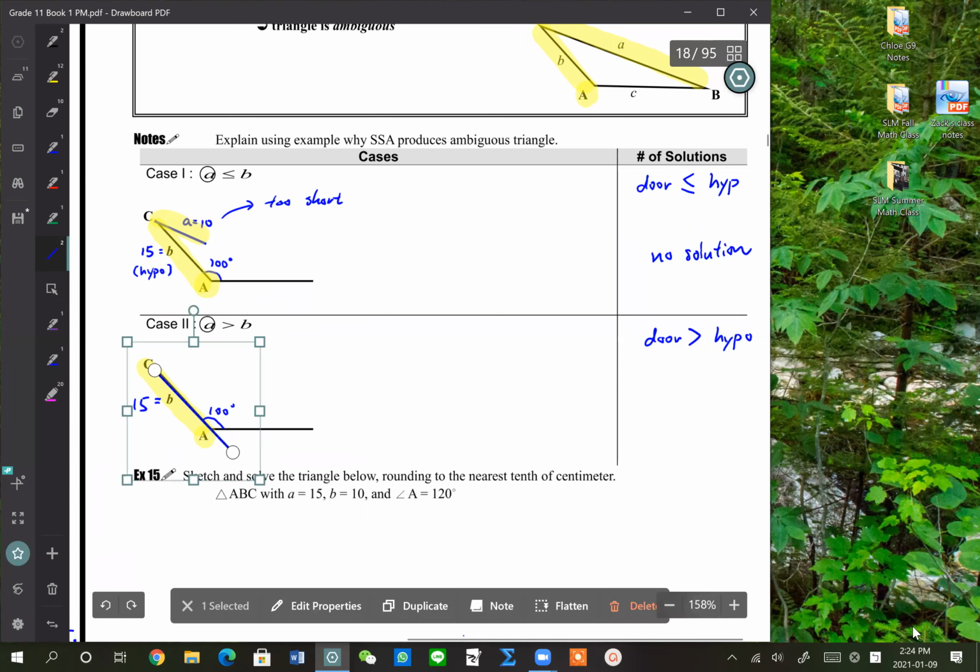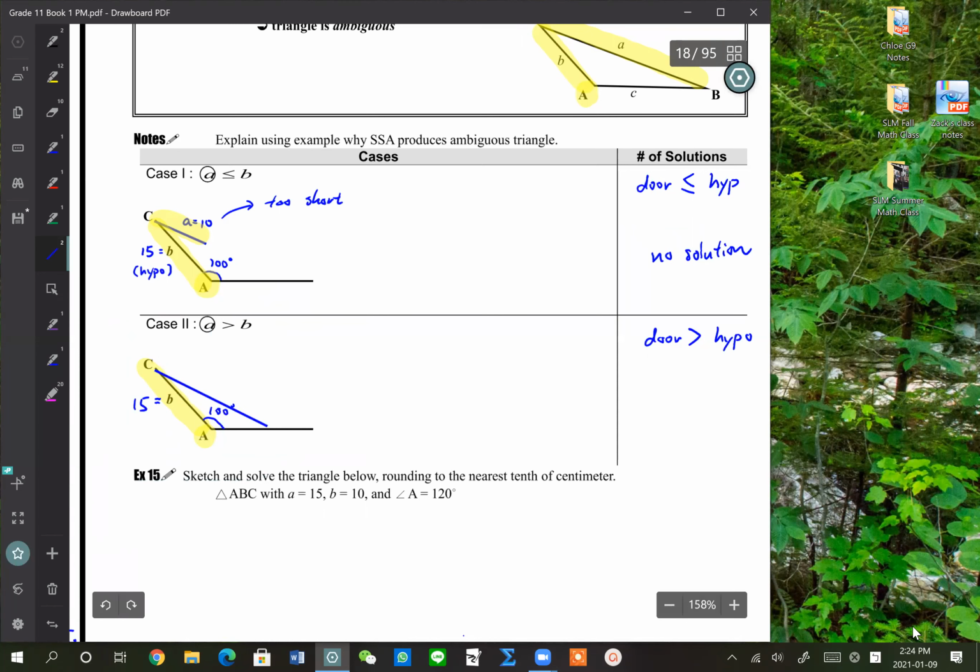If I want to make a triangle, I will need to swing it to here, if it's 20. Make sense? In order to close it. That means your base will be shorter, so your triangle will look like this one.